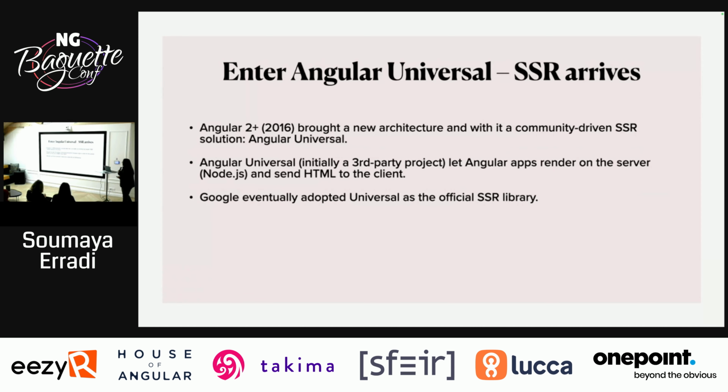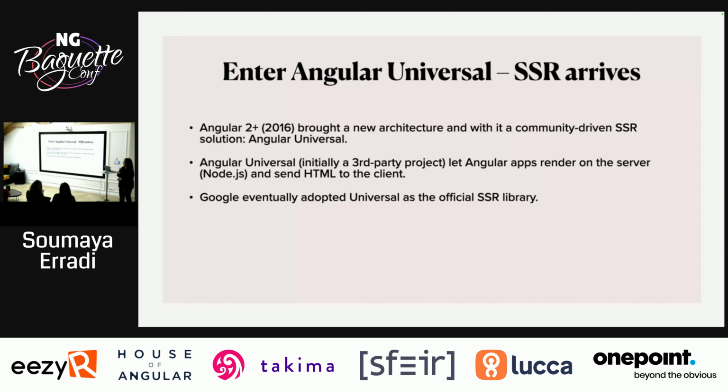After some years, Angular Universal came in, and it was the first solution for server-side rendering for Angular. It wasn't the best solution at the start. Let's say that in 2016, we had something that was really used: Angular Universal was a package, a third-party project that allows you to render your Angular application on the server.